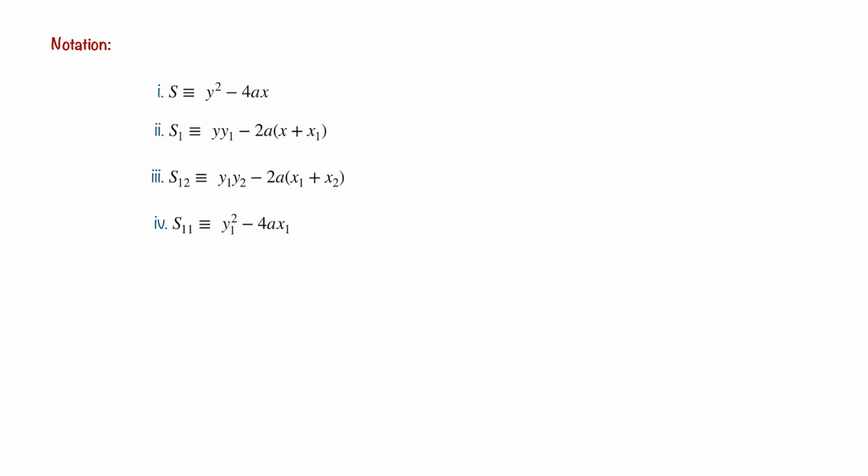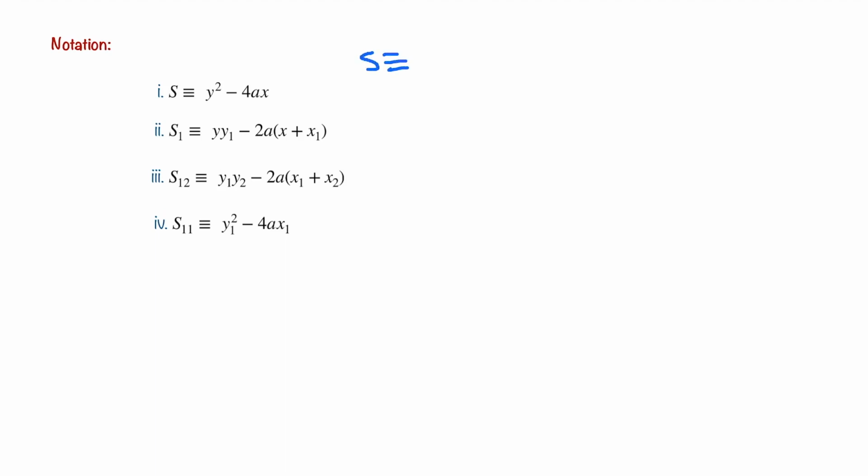Most of the results that we will prove for the parabola, we will be using the standard equation of the parabola y square equal to 4ax. Any result that we prove for the standard equation of the parabola, which is in terms of these notations, will also be true for the general equation of the parabola. In that case, you should know what S means.